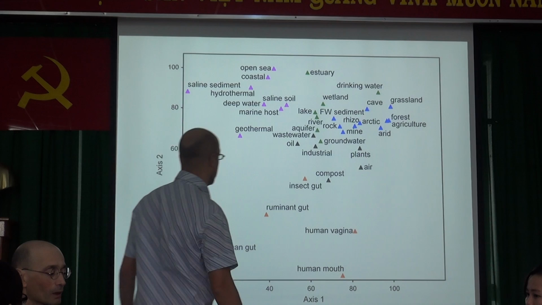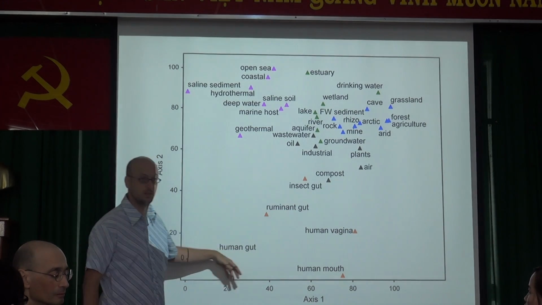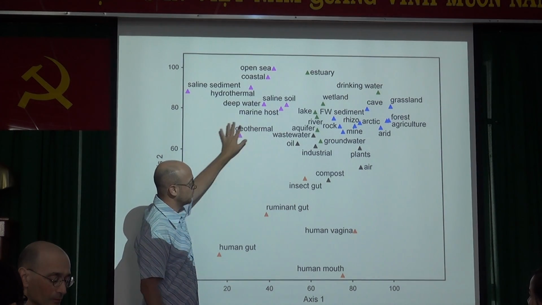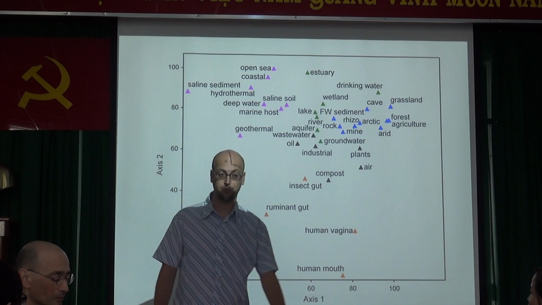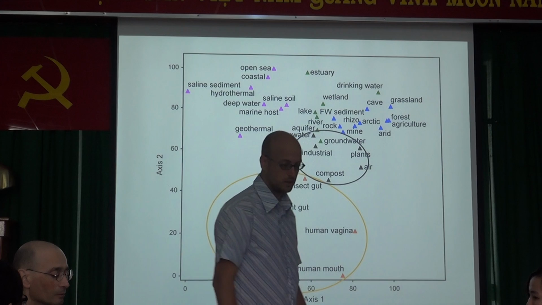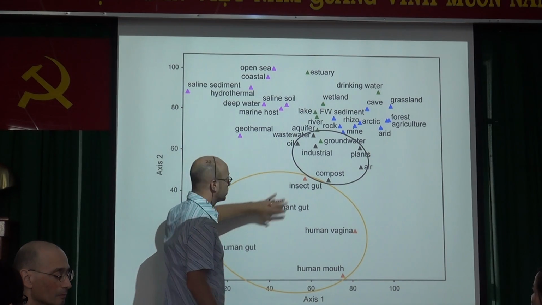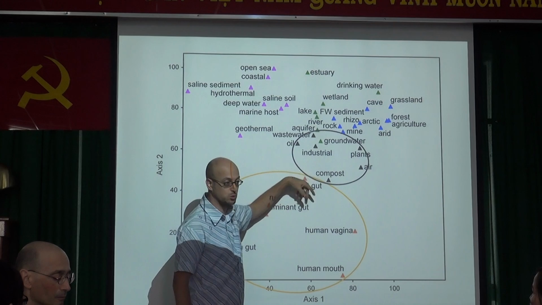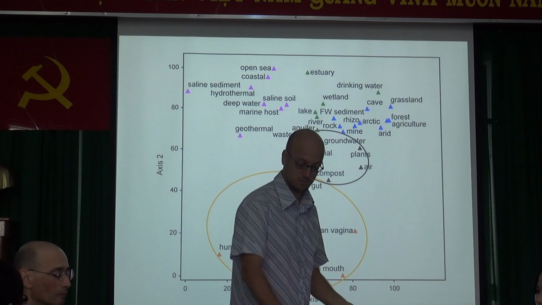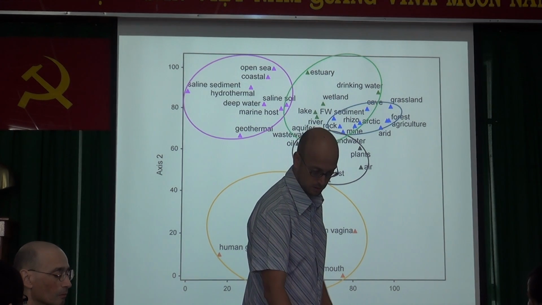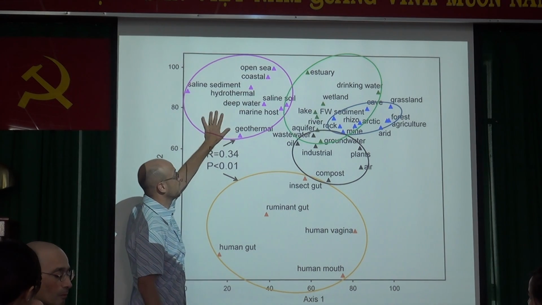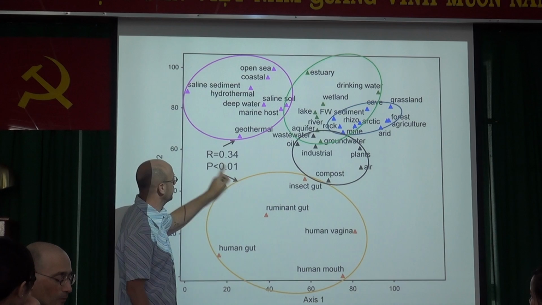So, we go back to our ordination, to our map. These are all of our samples, all of our plots together. And if we take two groups, two treatments, after we have done the test, then we can know, for example, the difference between this group and this group.